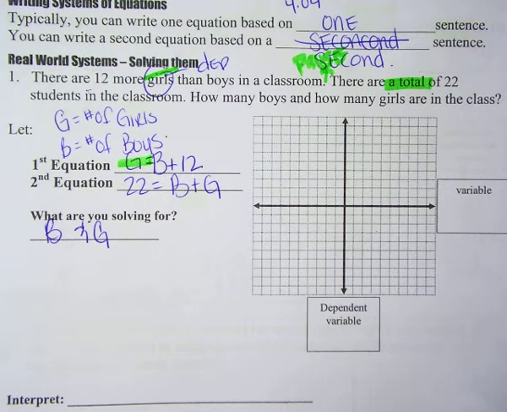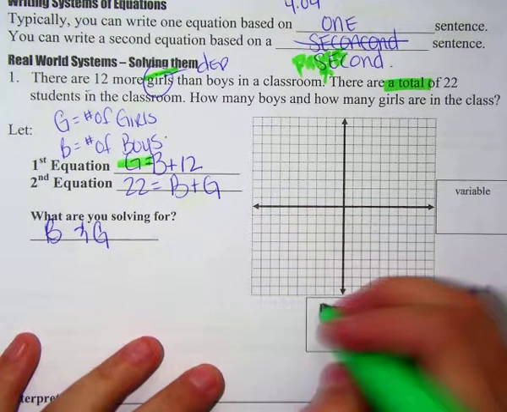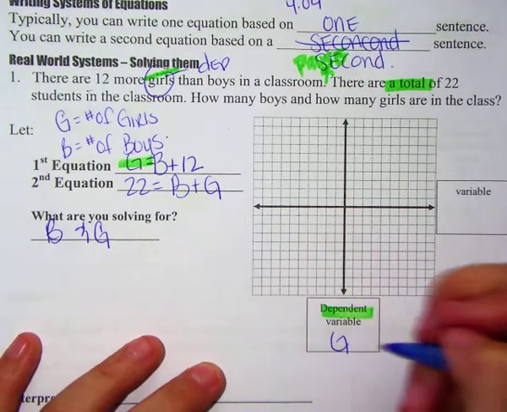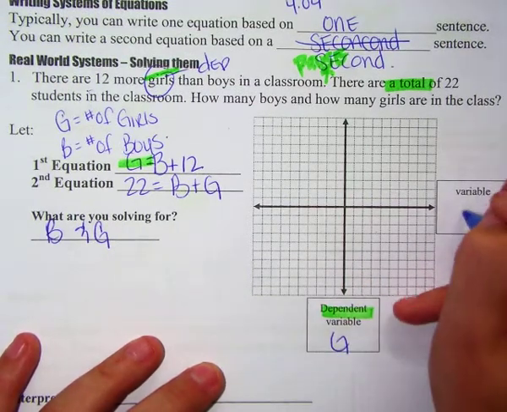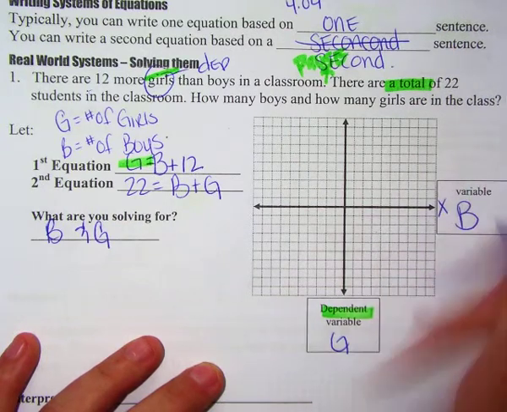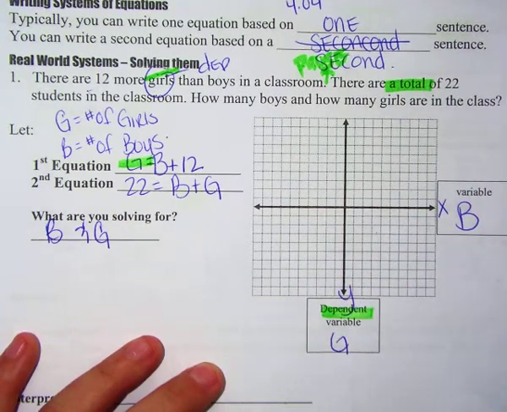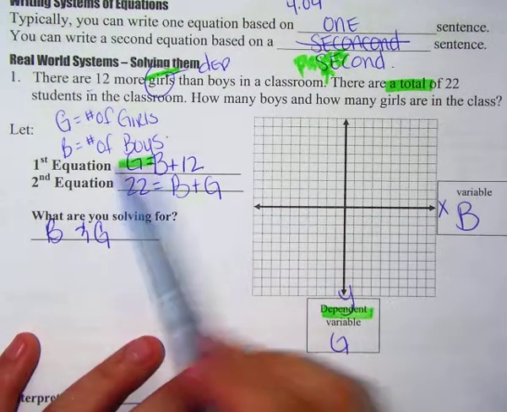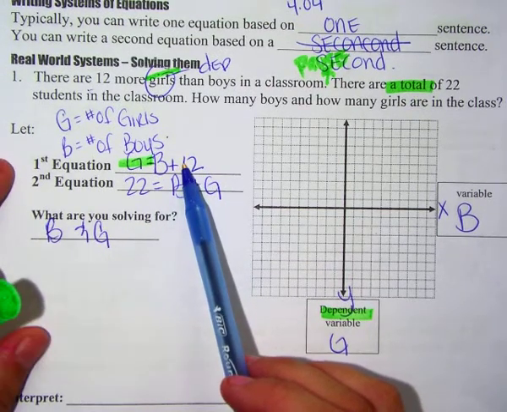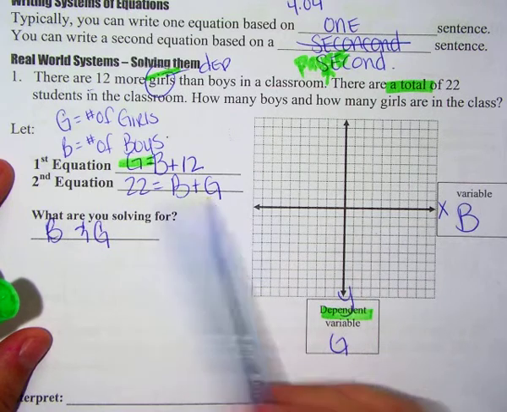Since girls is a dependent variable, I'm going to label my y-axis G. And then since boys is the independent variable, my x-axis becomes B. Now, if you look at the first equation, it has a 12 in it. So my y-intercept is going to be 12. But look at the second equation.